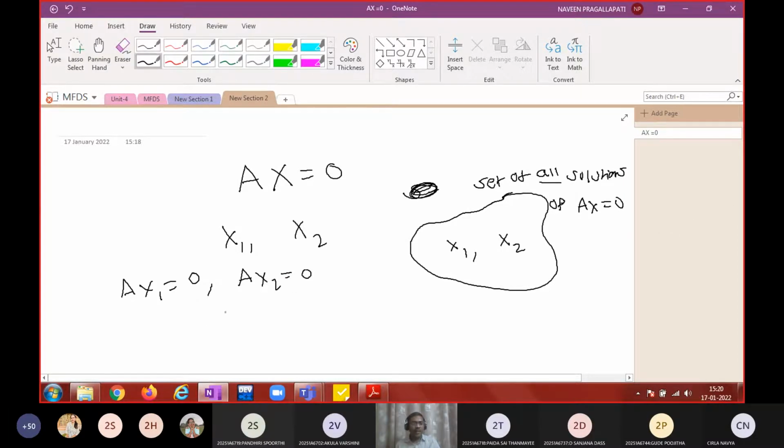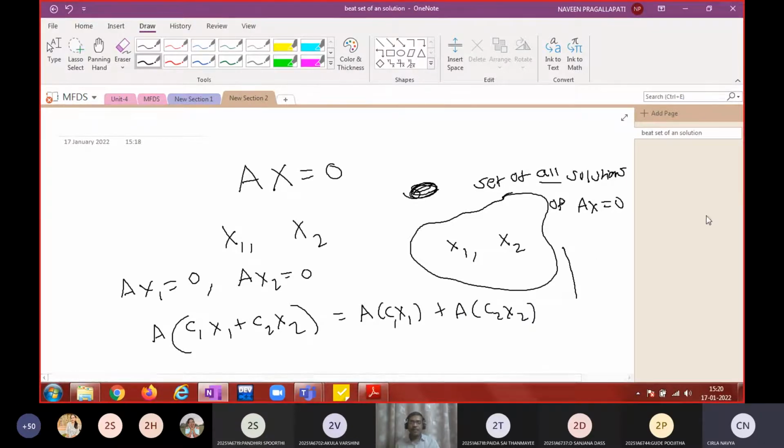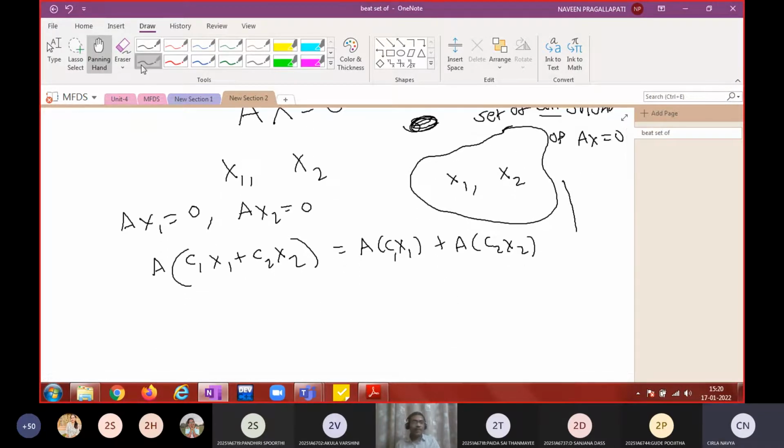What about the linear combination of x1 and x2, that means c1 x1 plus c2 x2? Is it also a solution? How do you check? You multiply A to this linear combination. So A(c1 x1 plus c2 x2), by the distributive law, is A c1 x1 plus A c2 x2. Now you know c1, c2 are scalars, therefore I can write this as c1 into Ax1 plus c2 into Ax2.